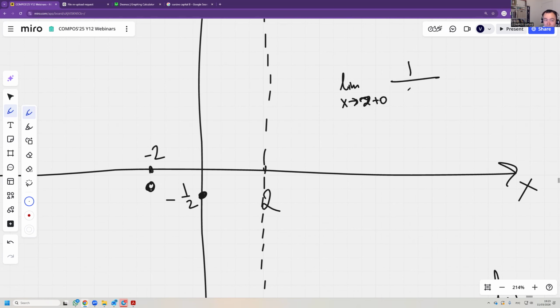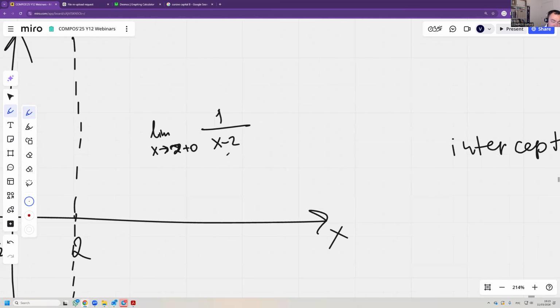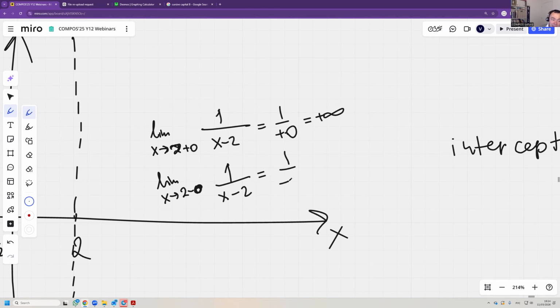Then 1 over x minus 2 does approach 0, but remains positive, so 1 divided by plus 0 is plus infinity. When finding the limit as x tends to 2 minus 0, it's approaching from the left. It gets closer and closer to 2, but remains less than 2, so the number is 1 over minus 0, which is minus infinity.